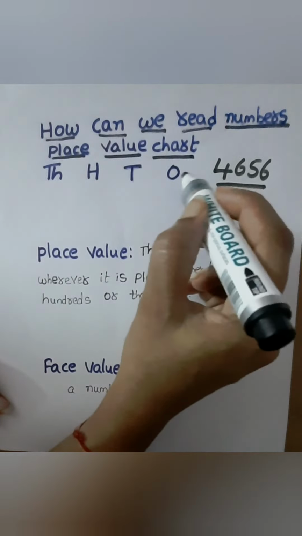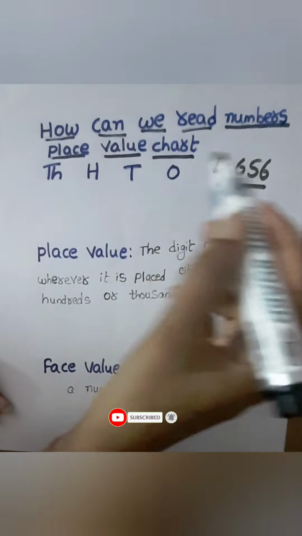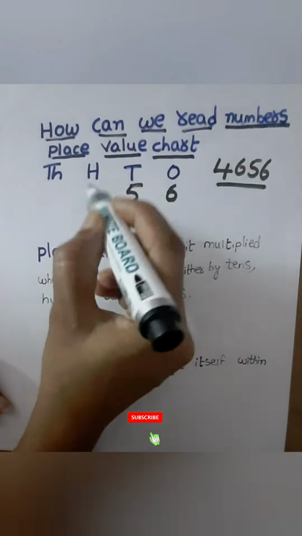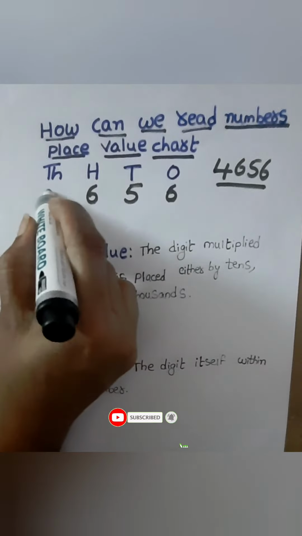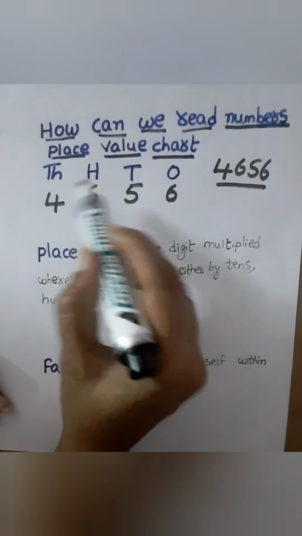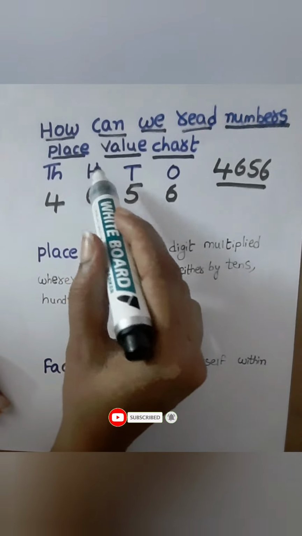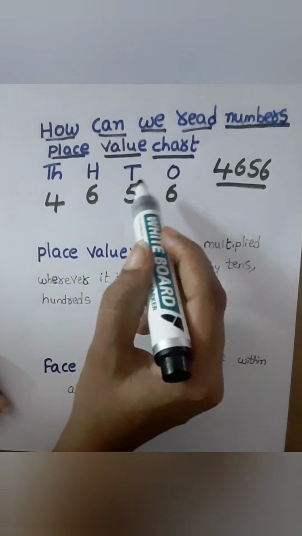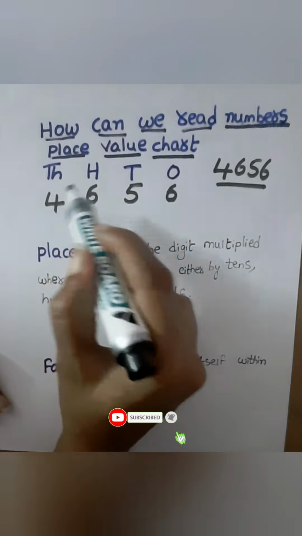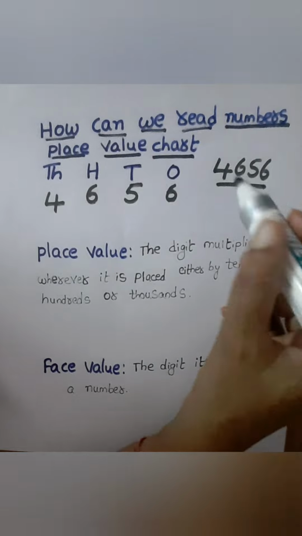First, 6 is in the ones place, 5 is in the tens place, 6 is in the hundreds place, and 4 is in the thousands place. That means 4 is in the thousands place, so 4,000. 6 is in the hundreds place, 600. 5 is in the tens place, so 50. 6 is in the ones place, 6. That means 4,656.